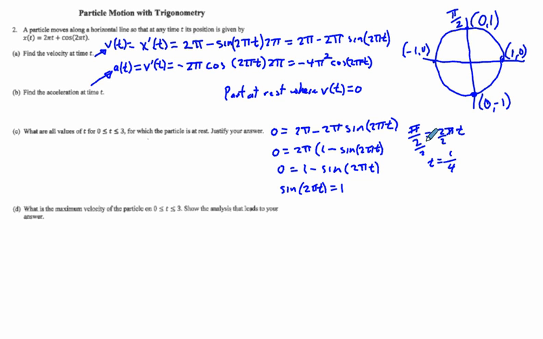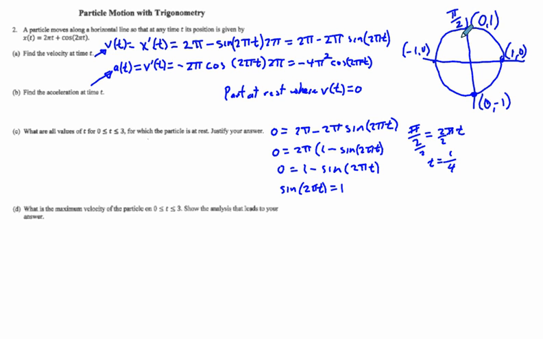Now, not only at pi over 2 does that happen, but what if we go around and have another coterminal angle? You see that sine is not going to be equal to 1 until we rotate once more around the circle.